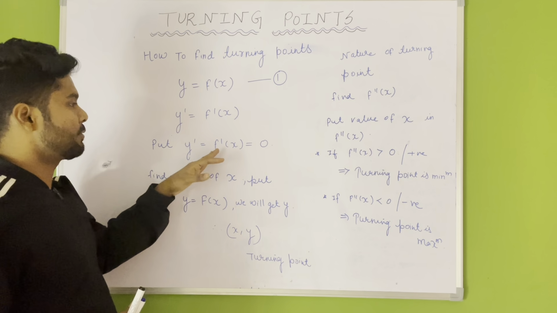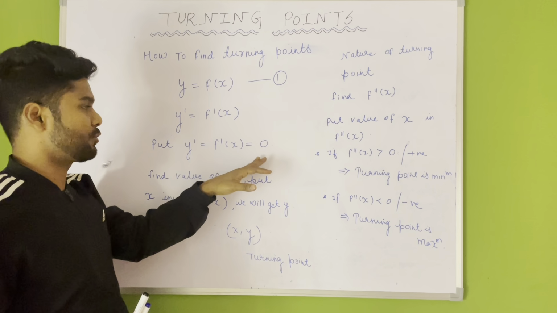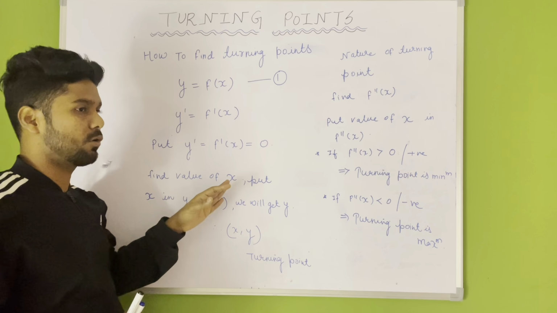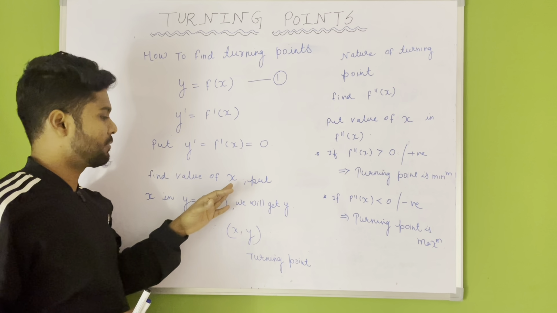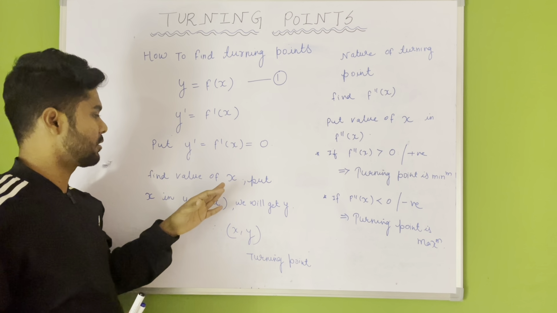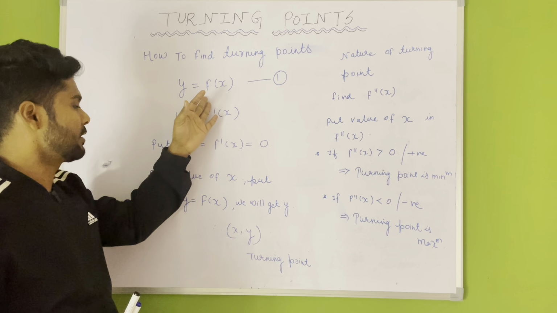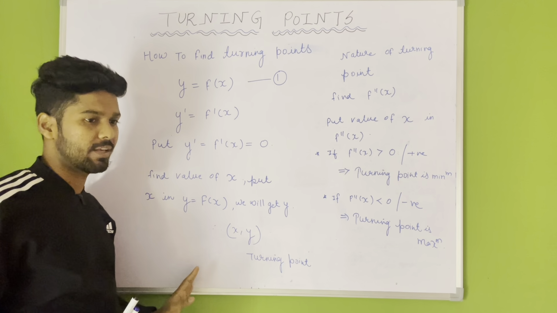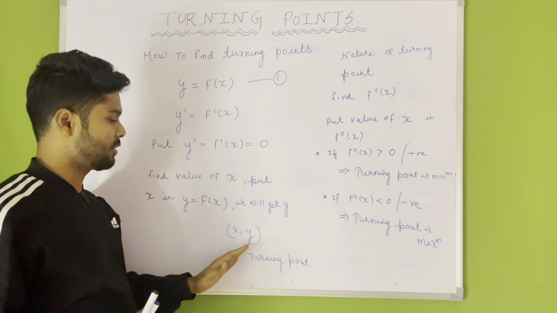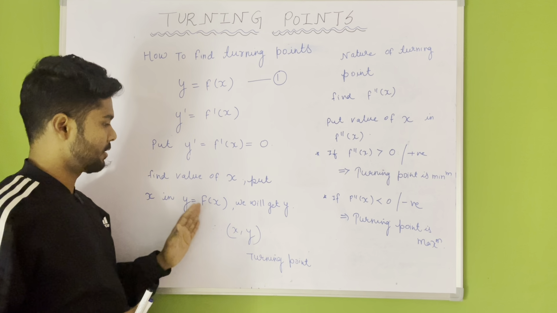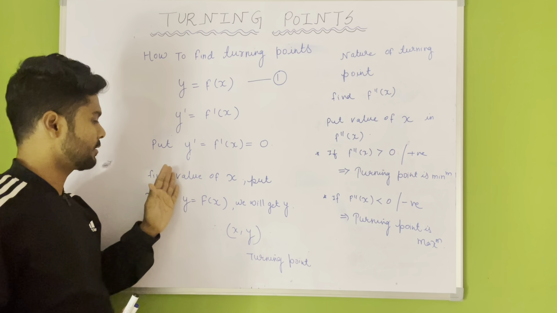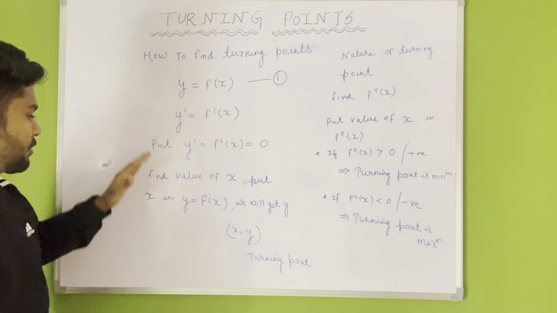Then we put f dash x equals 0 and determine the value of x. Then after determining the value of x, we put it in this equation and determine the value of y. So x and y give the coordinates of the turning point.